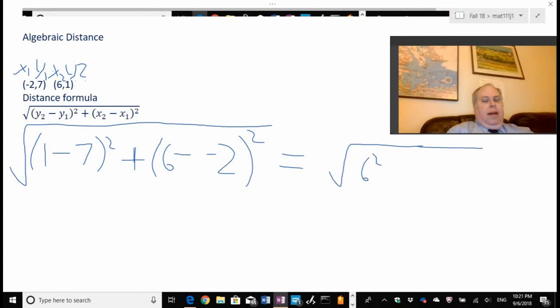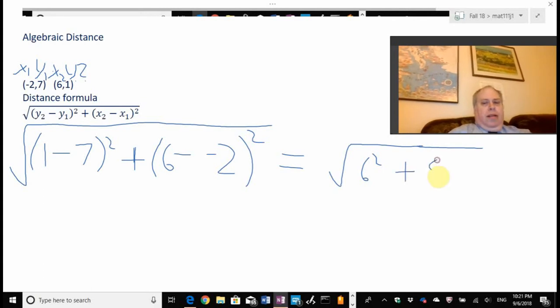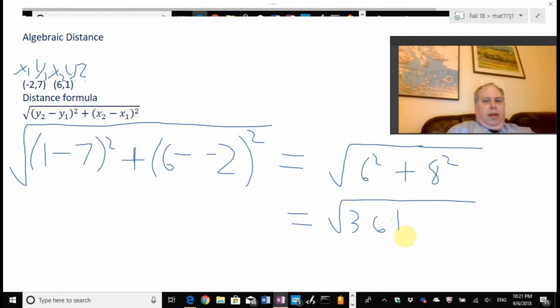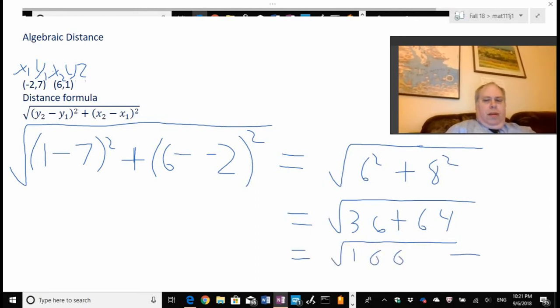You all know that, right? Minus a minus is a plus. So this becomes 6 plus 2, which is 8 squared, which is in turn equal to the square root of 36 plus 64, which is equal to the square root of 100, which equals 10.